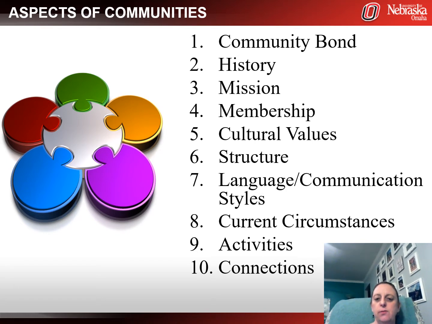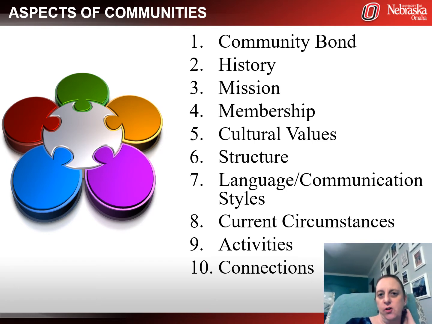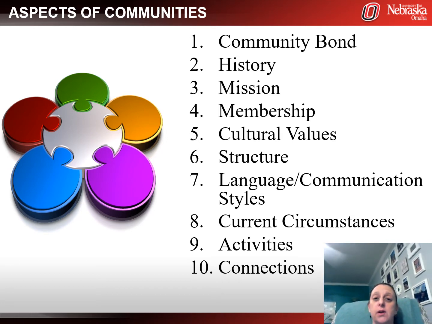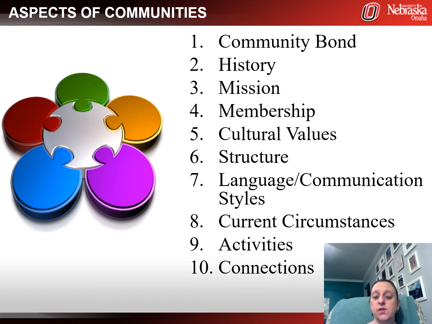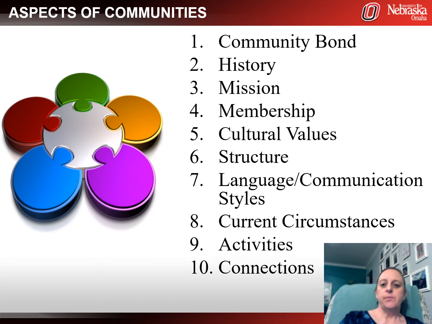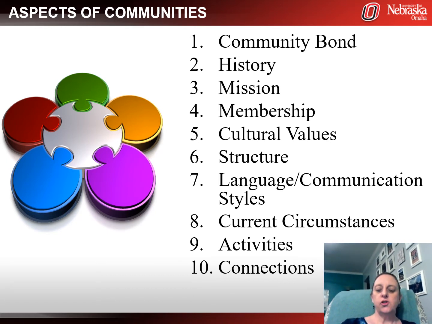Another aspect of community is cultural values. That includes different beliefs, different norms, social norms, different practices and traditions, different lifestyles, different ways of doing things. Those are all part of cultural values, which also help to identify communities. Communities also have aspects of structure.